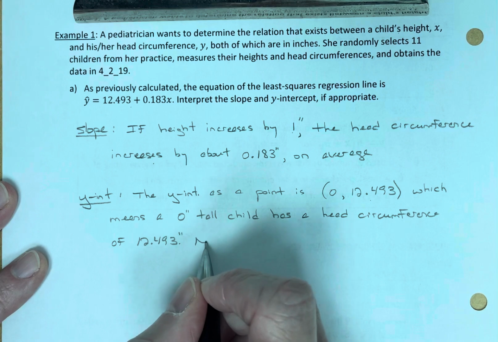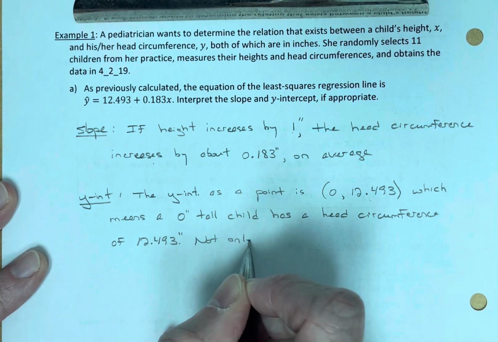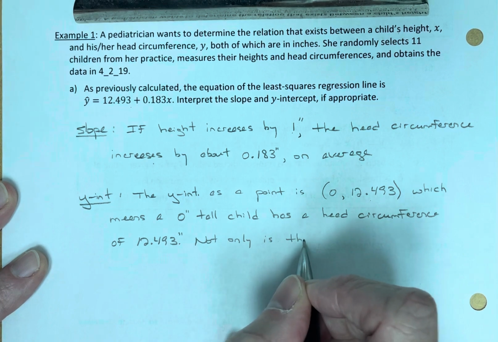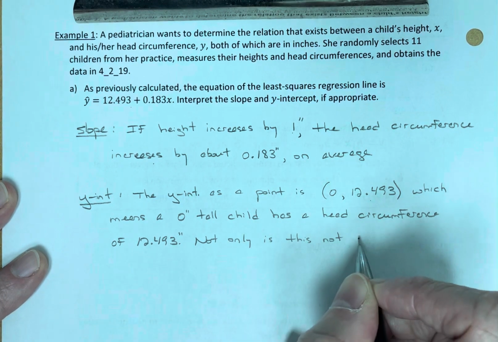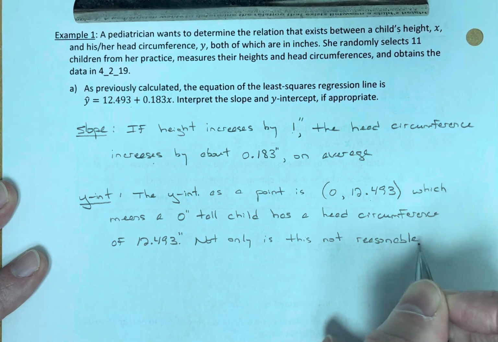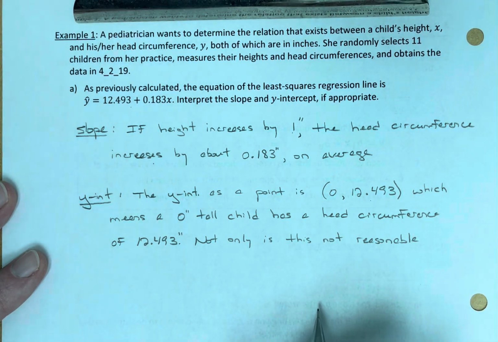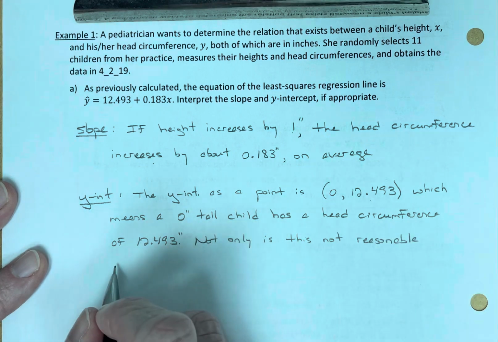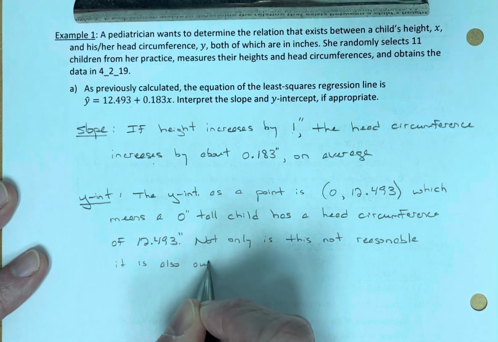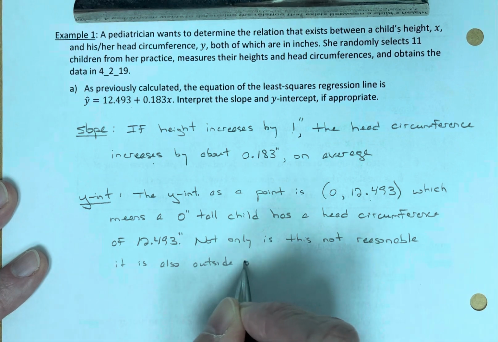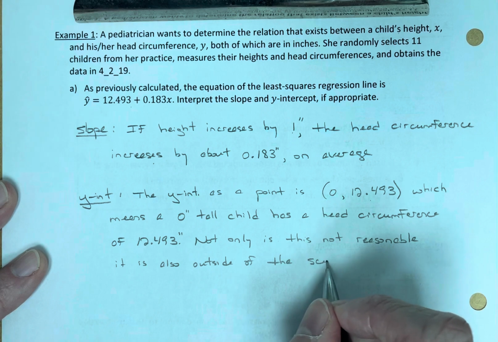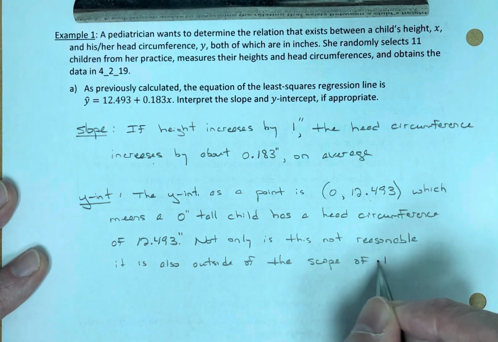So not only is this not reasonable, which is one of our criteria for the y-intercept, it is also outside of the scope of the model.